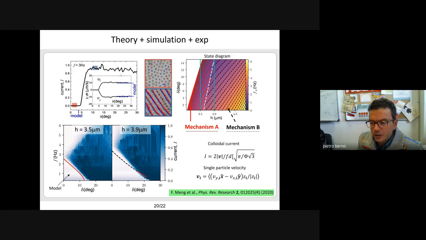Basically, here is a bit more related to this model that was developed for two particles. Let me tell you briefly that this model predicts two mechanisms for the generation of this current. The first mechanism is that the particles first lose the phase with the field and then they break up. The second mechanism is that the particles directly break up.